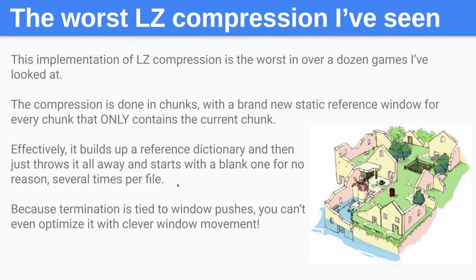It's really, really dumb. But because termination is also tied to these window pushes, we can't actually use it in any sort of clever way to try to optimize it. We're stuck with this terrible system that they came up with.